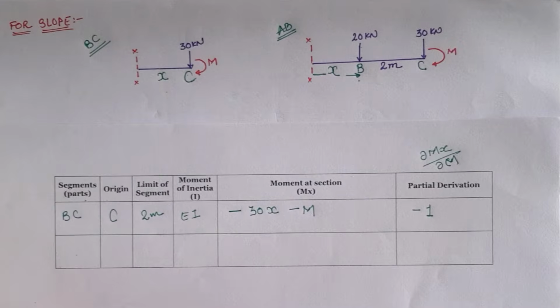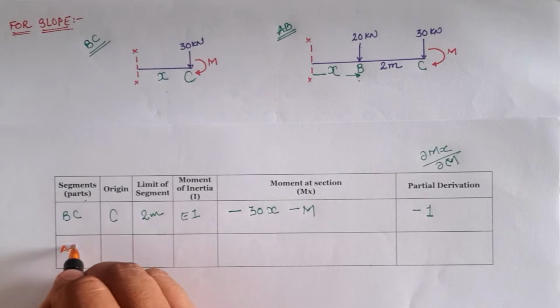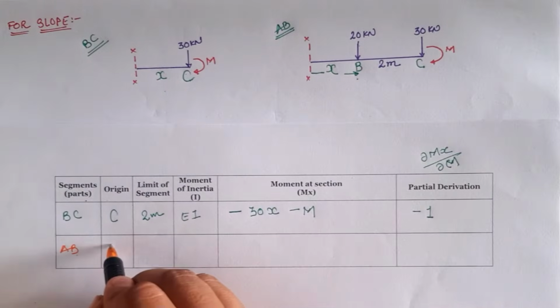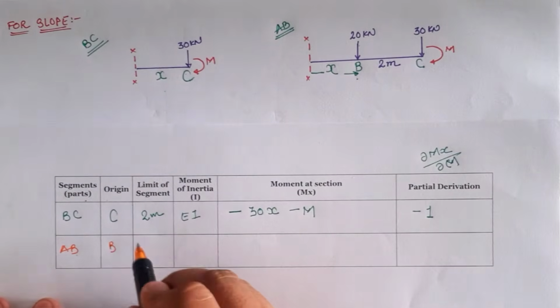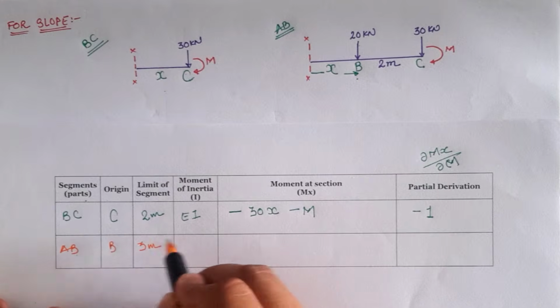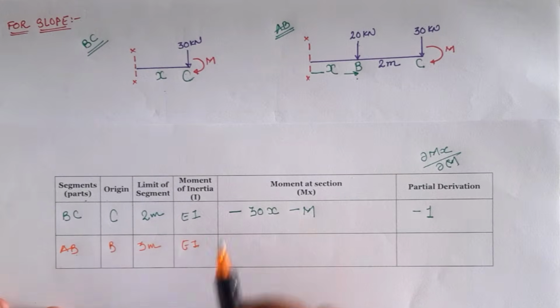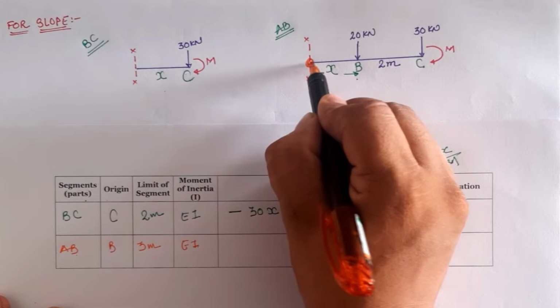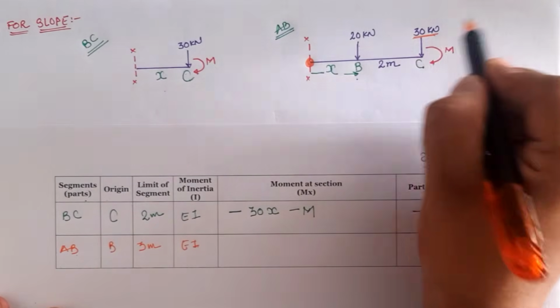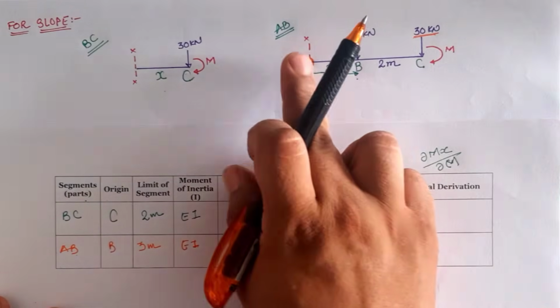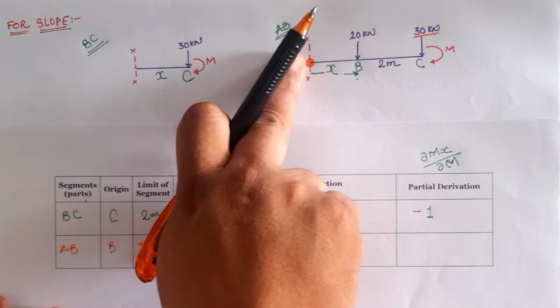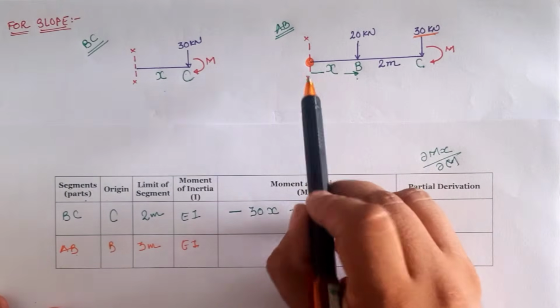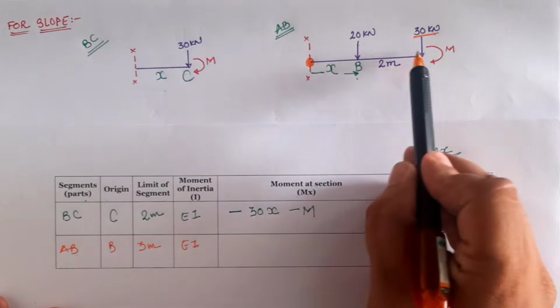Now going ahead with the second segment, which is A to B, if we take the origin as B, the A to B segment distance is 3 meter, and the moment of inertia is EI. Now at this location, the moment of the 30 kilonewton load is 30 into the distance from the section, which is x plus 2.